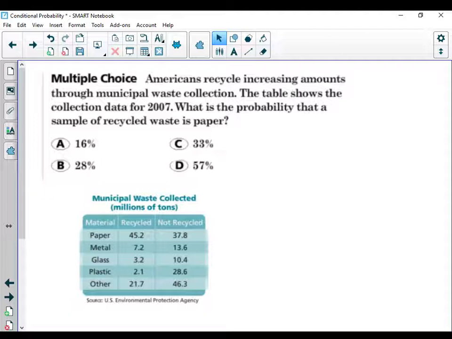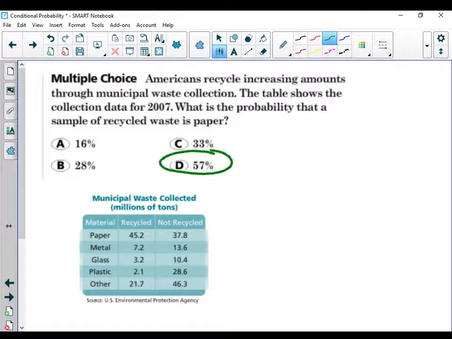B? C? D? D is correct. Okay. So if we're looking for the probability that the sample of recycled waste is paper, we should have a 57% chance. Okay.